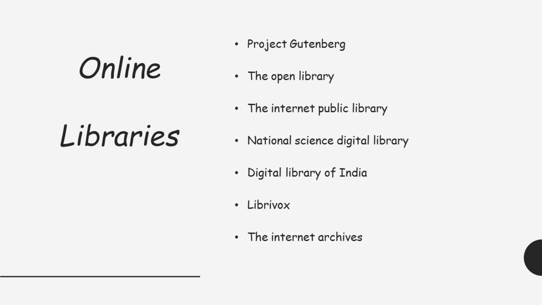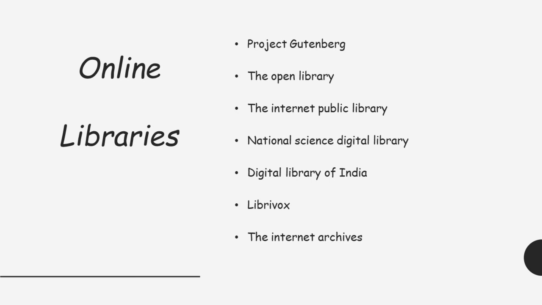Some of the major online libraries are Project Gutenberg, the Open Library, the Internet Public Library, National Science Digital Library, Digital Library of India, LibriVox, the Internet Archive, etc. The list can keep going on and on endlessly, but we only need to know a few major online libraries.